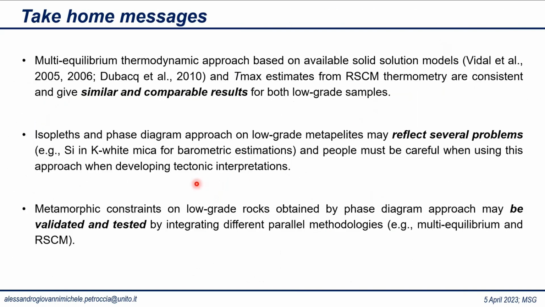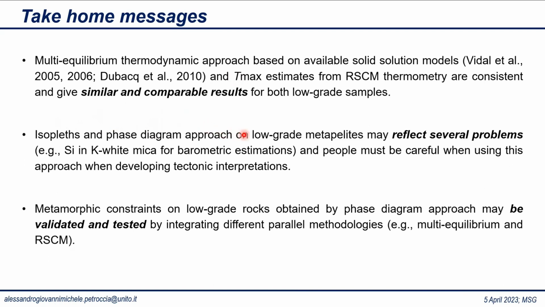The big take-home message is that multi-equilibrium approaches integrated with other approaches like Raman spectroscopy on carbonaceous material give us similar results, and they are in agreement for both samples. Isopleth and Theriak-Domino approaches on low-grade metapelites may reflect several problems, like the one I showed you about the silica in white mica.